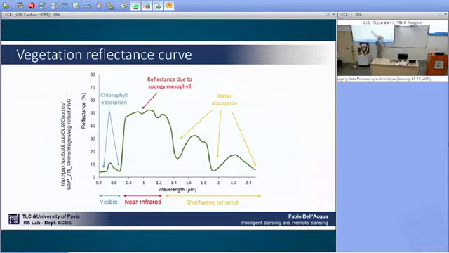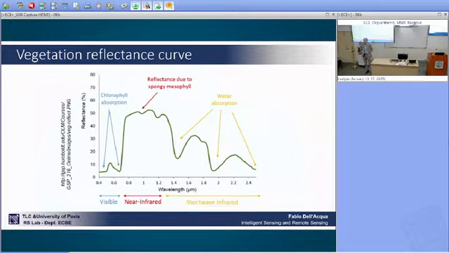Then if you broaden your view, you will also realize that, for example, you have two more dips here at 1.5 and 1.9 microns. These are due to resonances in water molecules that are contained in vegetation. So depending on how much water is contained in vegetation, you may have deeper or shallower dips here, but you generally always find them.